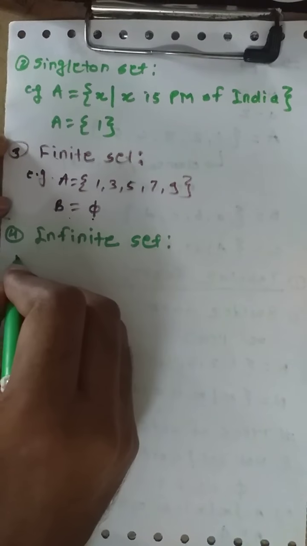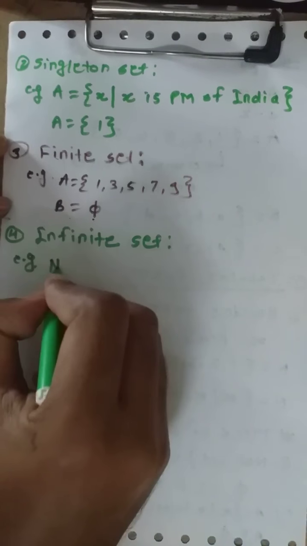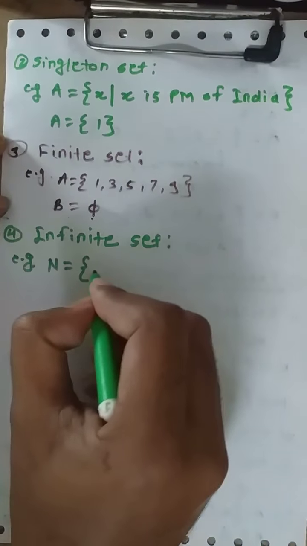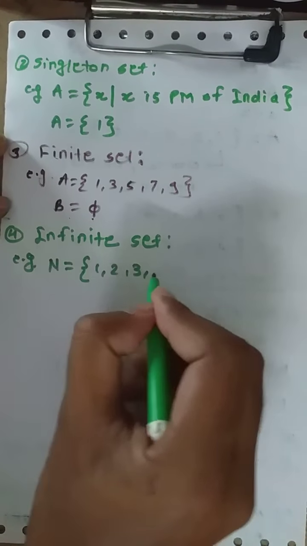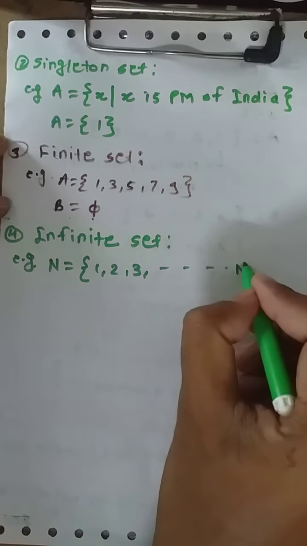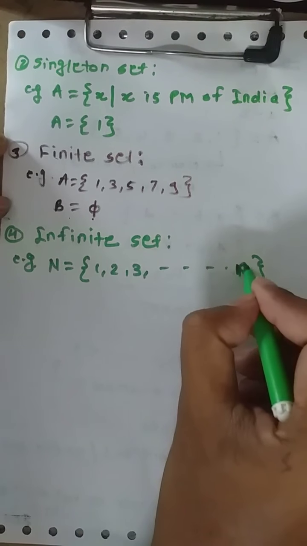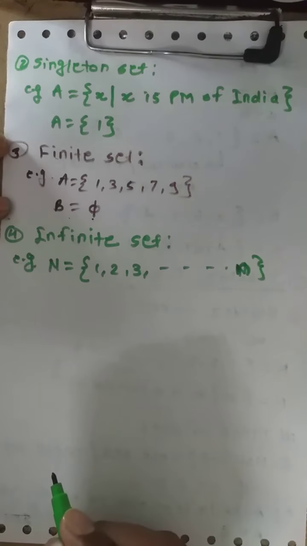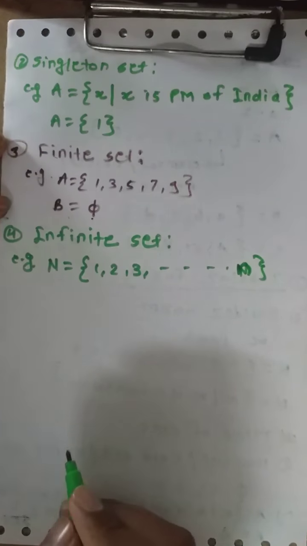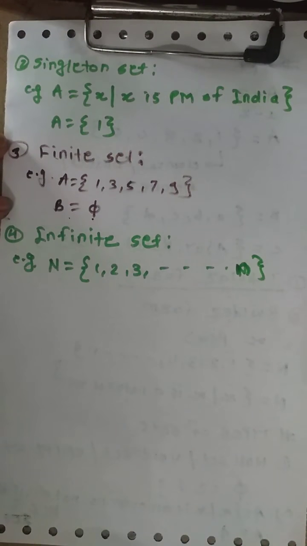For example, N is the set of natural numbers, that is 1, 2, 3, and so on up to n. So this is considered an infinite set.